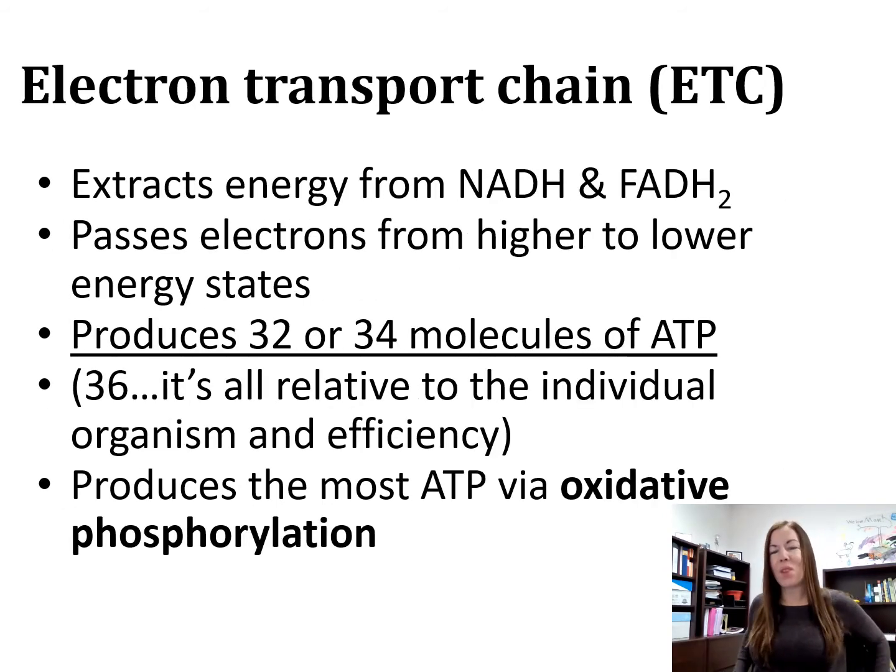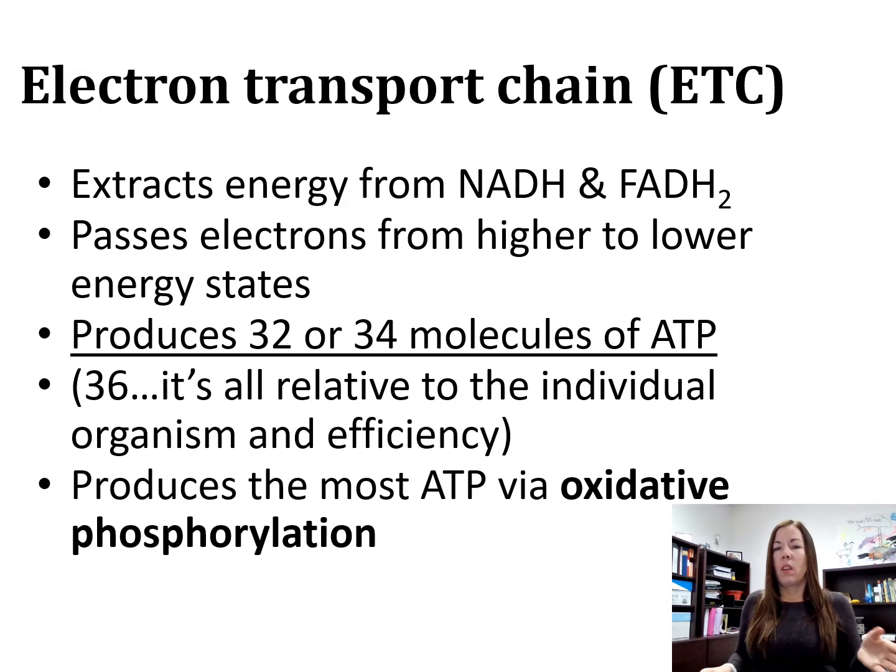So the last step of cell respiration is the electron transport chain. And so basically the electron transport chain extracts energy from NADH and FADH, and it passes electrons from higher to lower energy states. And you're able to produce 32 to 34 molecules of ATP. I say 36 total per glucose molecule.